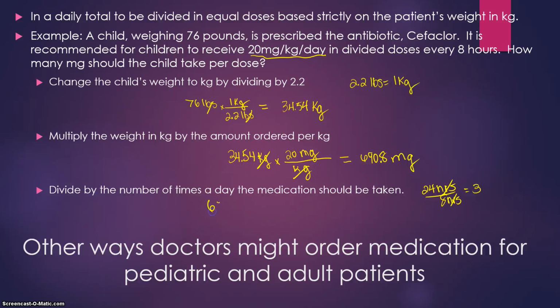So you do 690.8 milligrams divided by 3, which is the number of times a day they're taking it. And that gives you 230.2, we're going to round that off, 230.27 milligrams, right? That's how many milligrams the child should take per dose, 230.27.